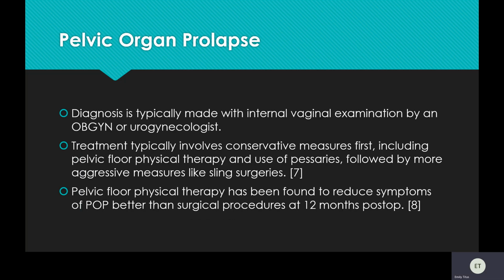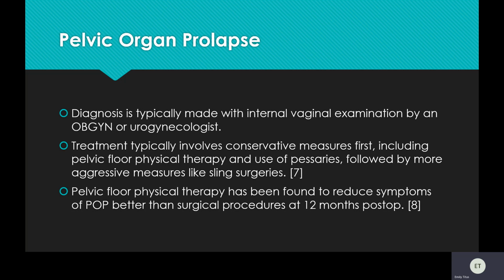So the diagnosis for pelvic organ prolapse is typically made with an internal vaginal examination by an OBGYN, a urogyn, or a pelvic floor PT. The treatment is typically very conservative at first, where they try to send you to pelvic floor PT, where a pelvic floor PT might suggest using a pessary or some dietary changes or strengthening.